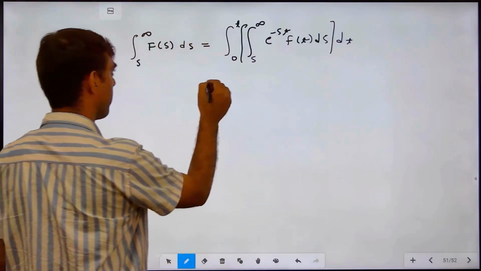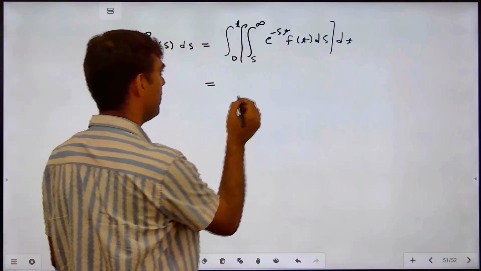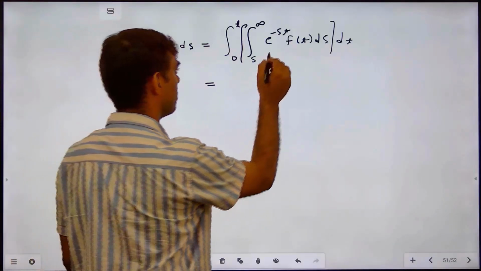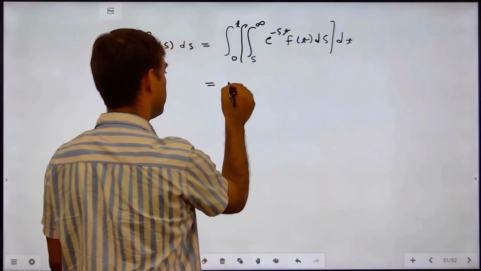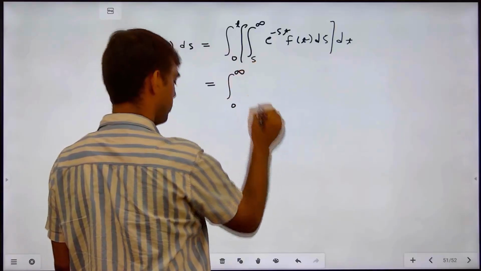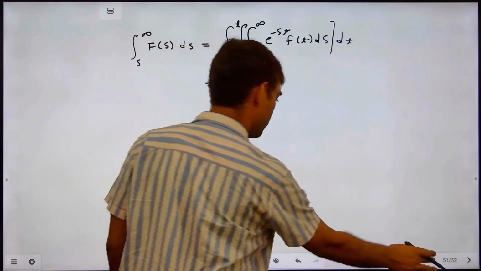So, if we integrate the right hand side with respect to s, what happens? The outer integral is 0 to infinity, by the definition.